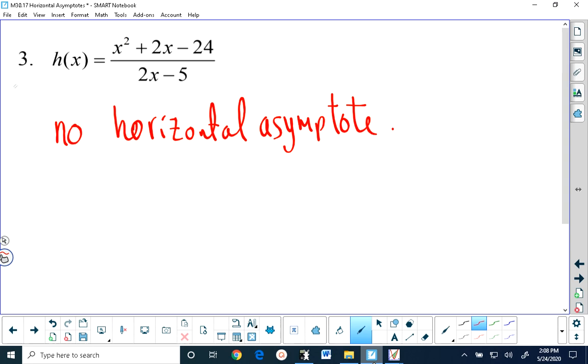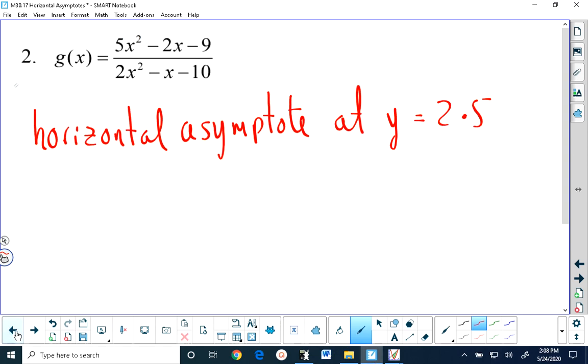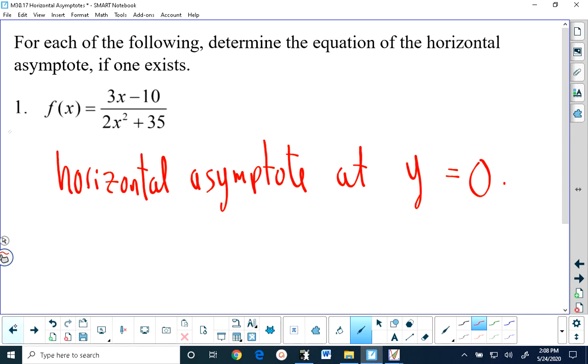Now, what's the rule? Before I tell you the rule, I will tell you that to use the rule, you have to focus on the highest degree term in the numerator and denominator. So when you look at the numerator of example 1, the highest degree term is 3x. Highest degree means the one with the most x's.